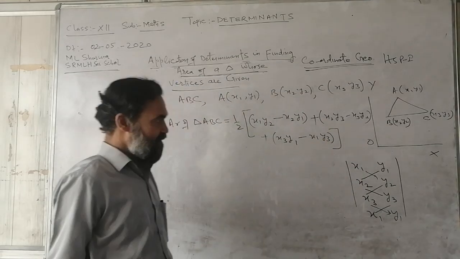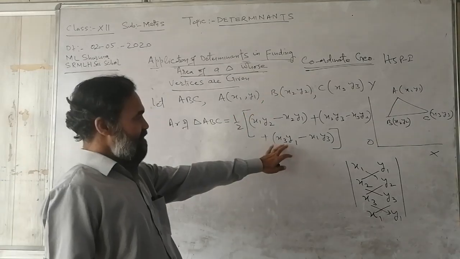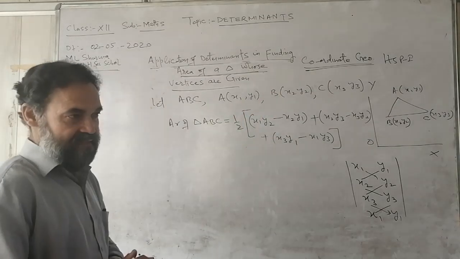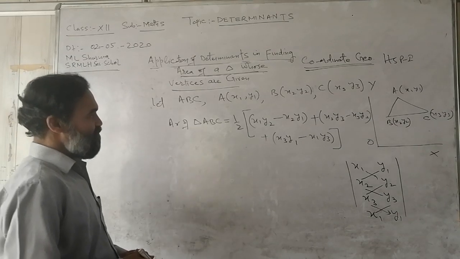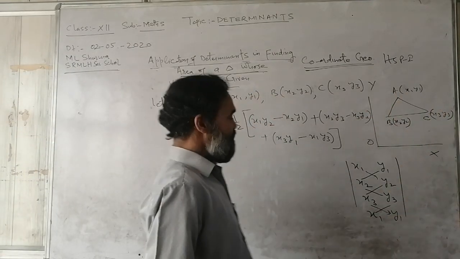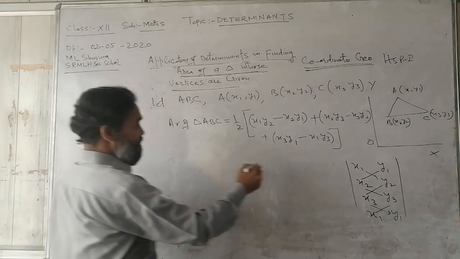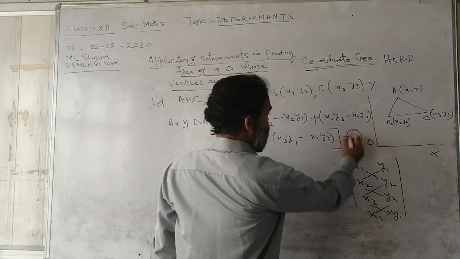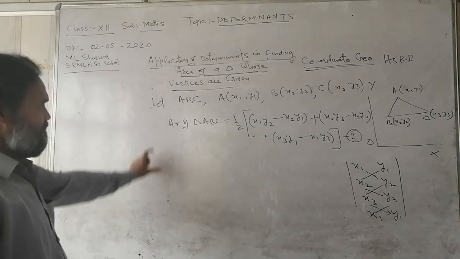So this was the formula in 11th class for finding the area of triangle ABC whose coordinates are given to be A, B and C. Now let this be equation number 1.